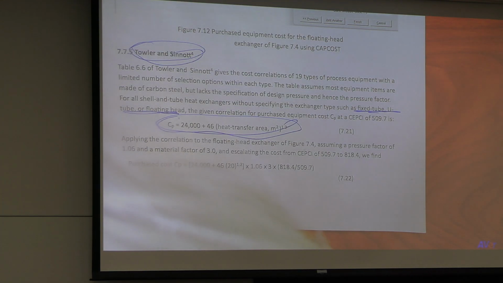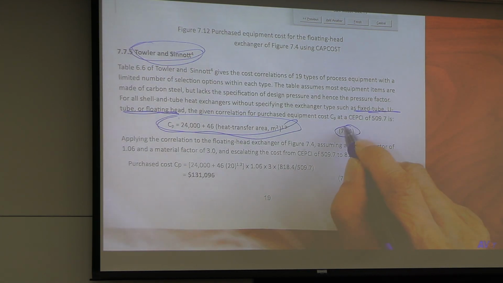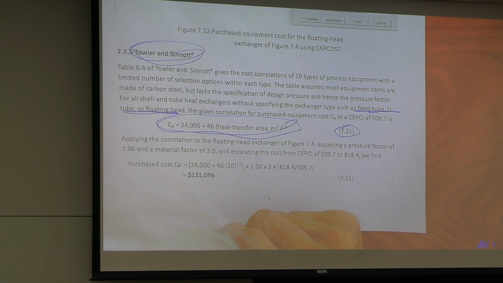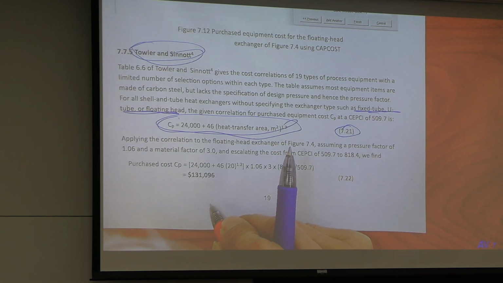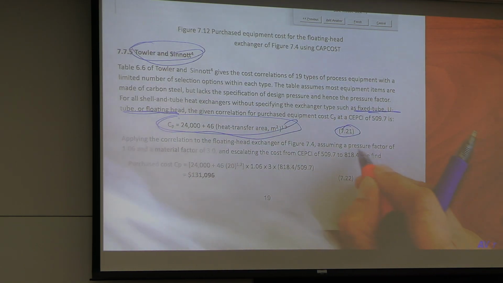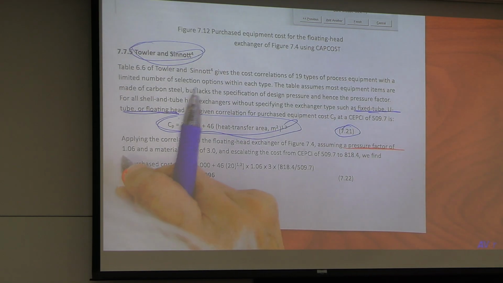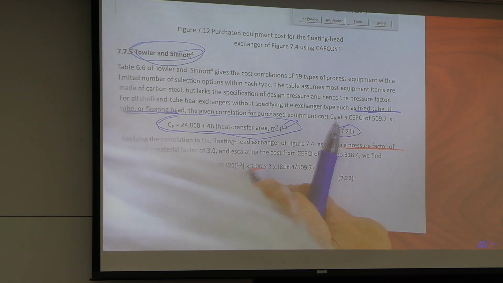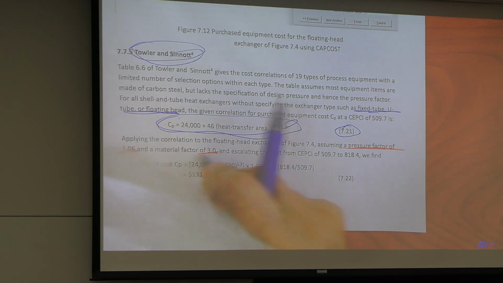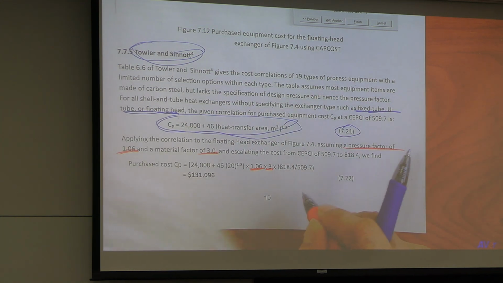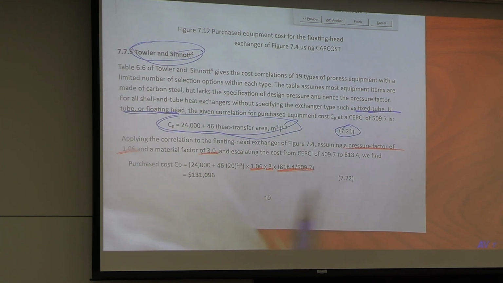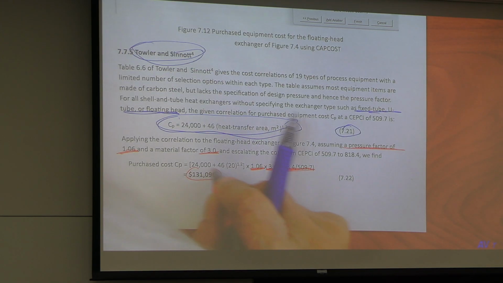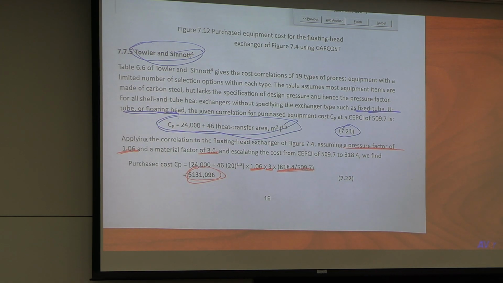For all heat exchangers, he gives a simple correlation. So you multiply by pressure factor 1.06, material factor 3.0, ratio of cost index, and that is the purchase cost.